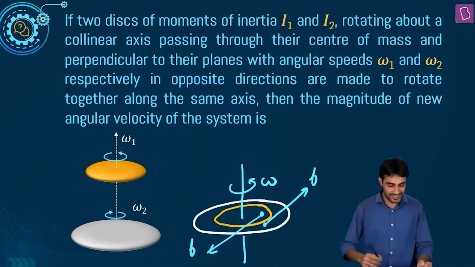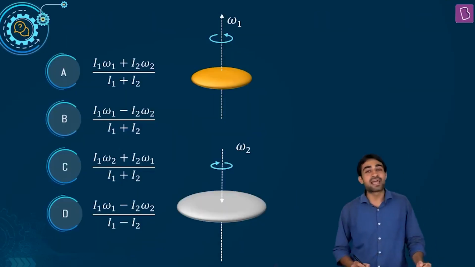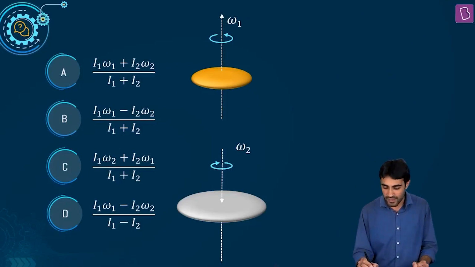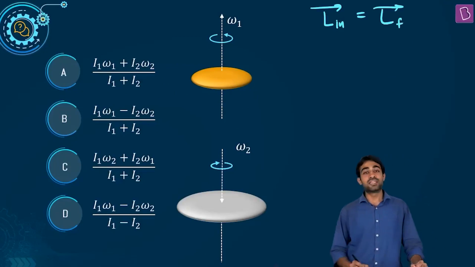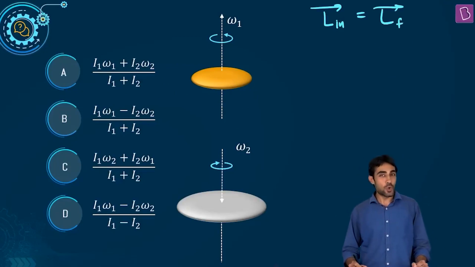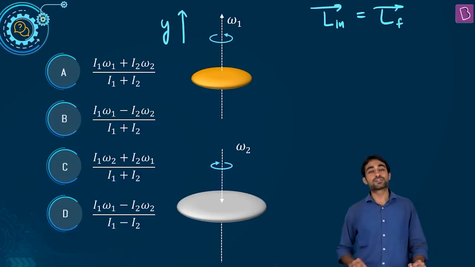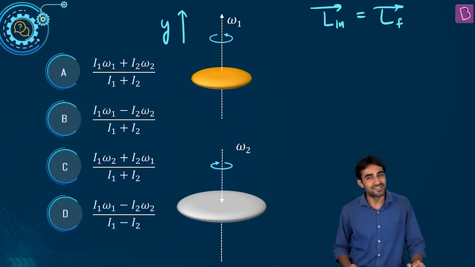Now let's see the options. These are the four options and one of these will be right. So let's apply conservation of angular momentum. L initial is equal to L final. Now these are vector quantities, so let's talk about direction. I will consider the upward direction to be the direction of the y-axis.